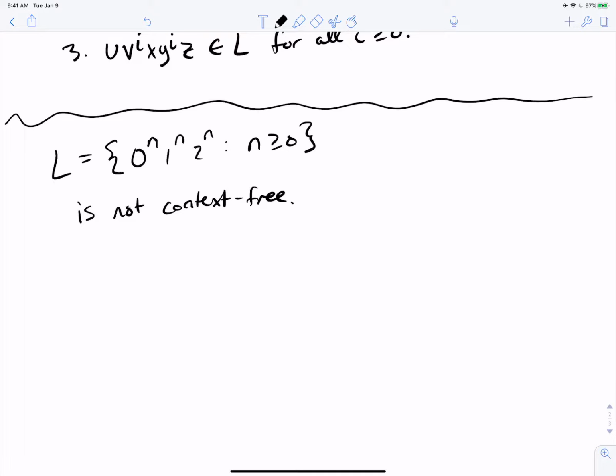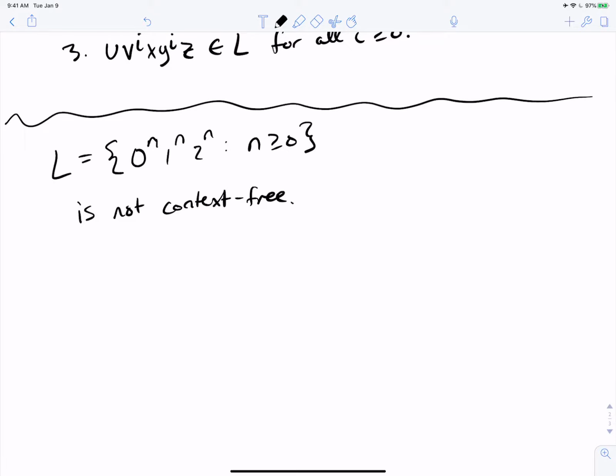If you were evil, you could ask your friend, hey, I want a CFG for this language, can you make one for me? And your friend will spend an eternity trying to make one because there doesn't exist one.